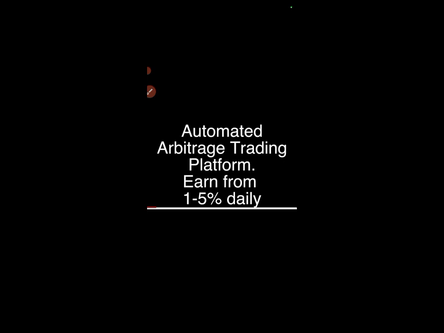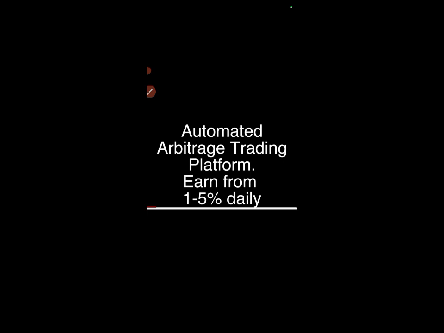In today's video, as we all know, AAS, which is Afriq Arbitrage System, is an automated trading platform where you can earn from 1.5 to about 10% daily on rotational.